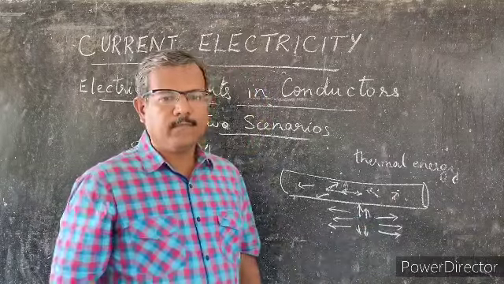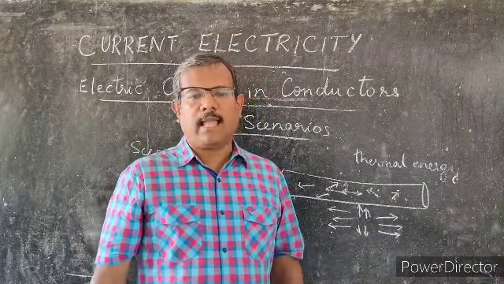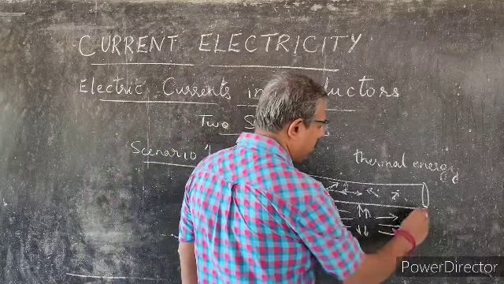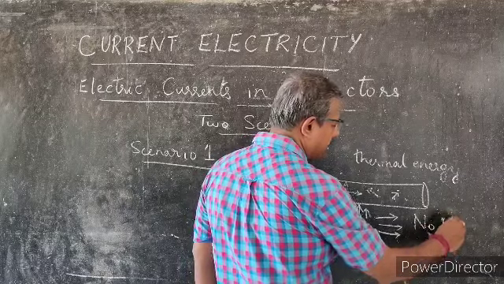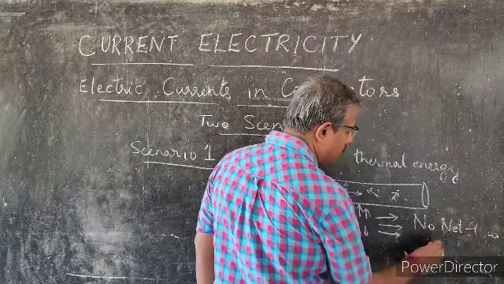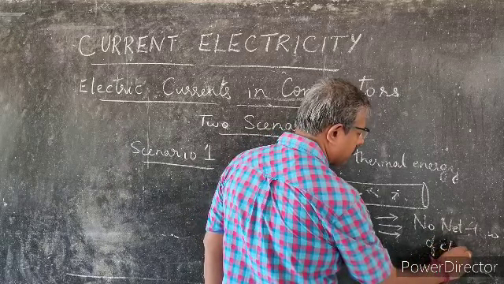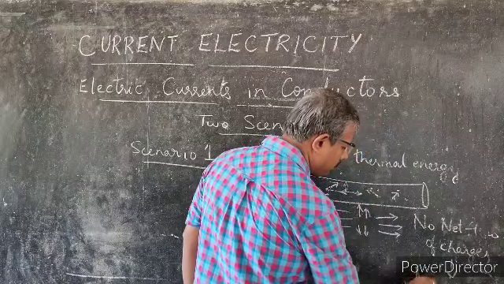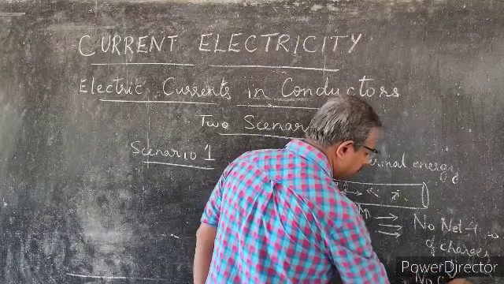So obviously, they're all cancelling each other out, and hence there is no net flow of charges, which means no current.